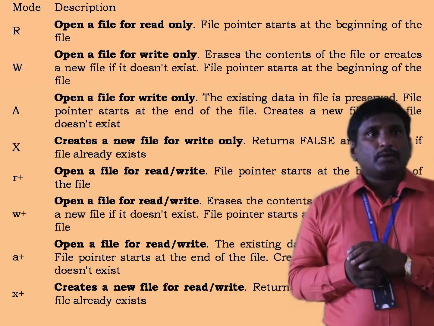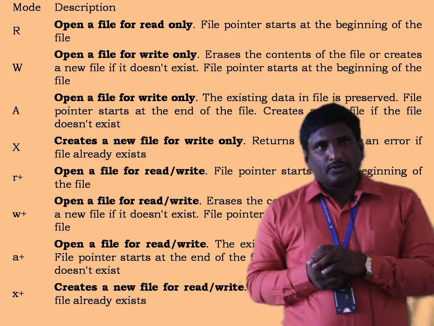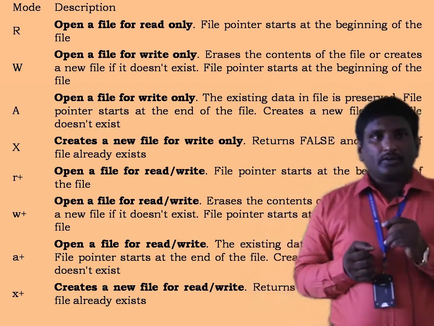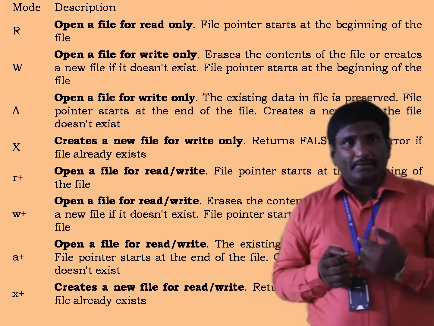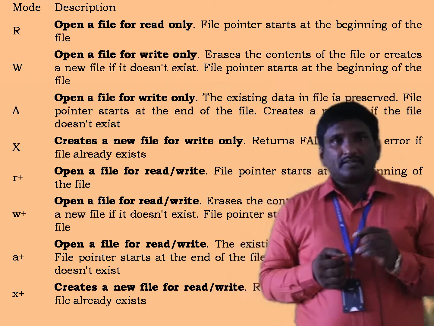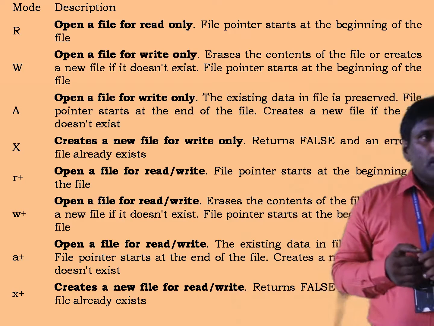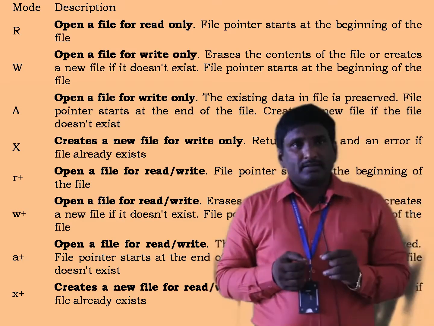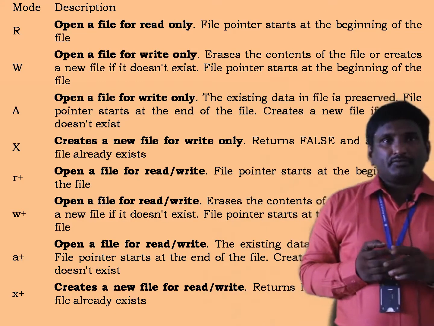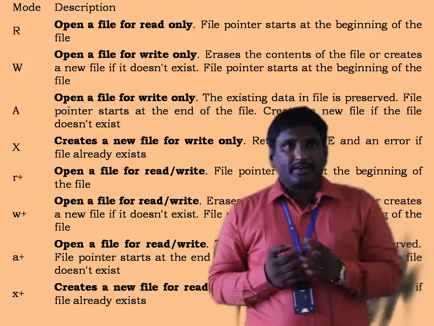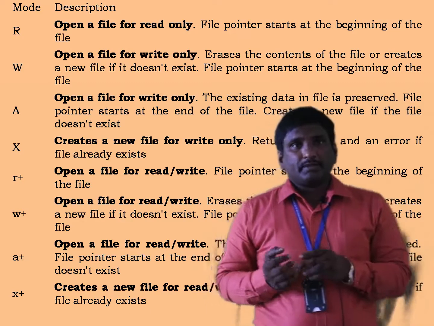One more mode is r plus. It opens a file for read or write. So r and r plus differ in that r plus adds the write version. The file pointer starts from the beginning of the file. If you specify w plus, it opens a file for read or write, erases the content of the file, and creates a new file if it does not exist. The file pointer starts at the beginning of the file.